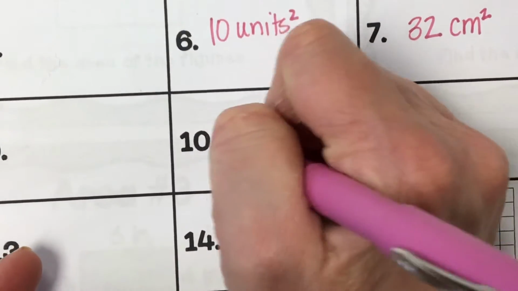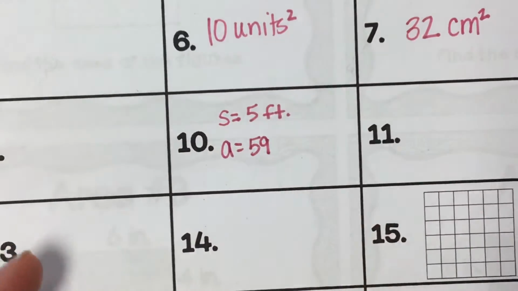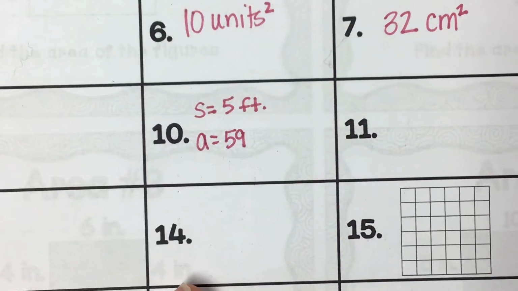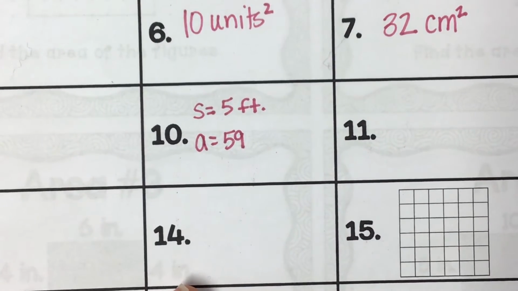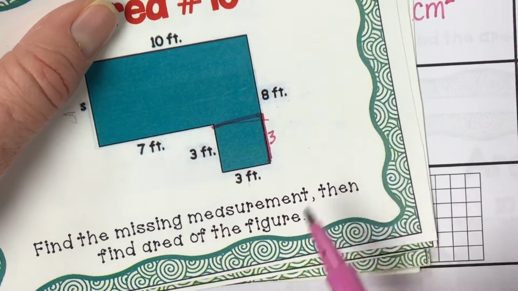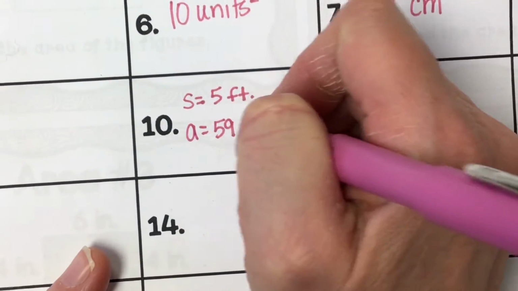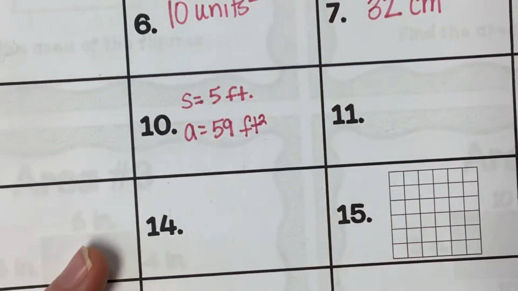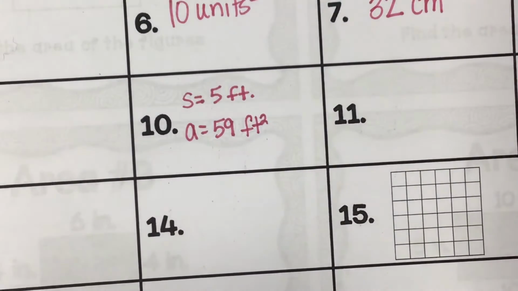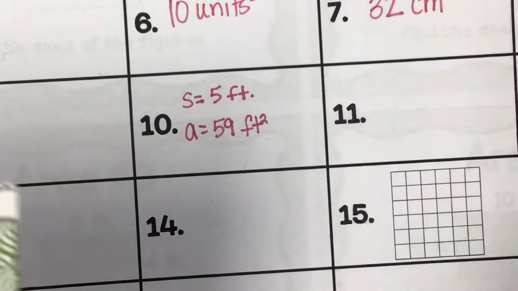The area equals 59 what? What's my unit? Not units this time. Feet squared, or square feet. Okay? So there will be another one just like that.